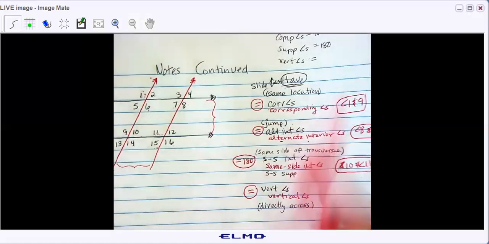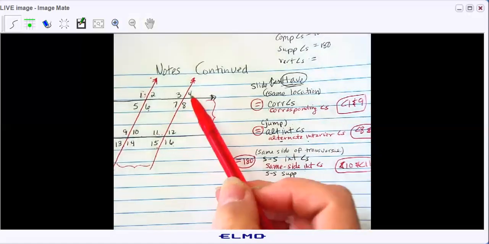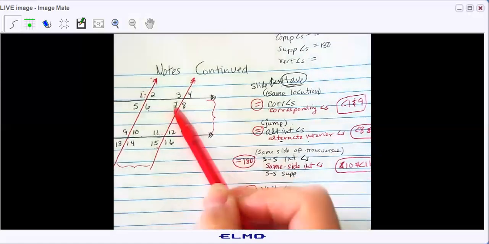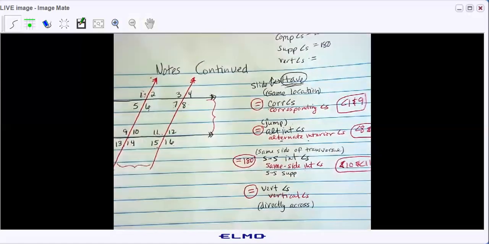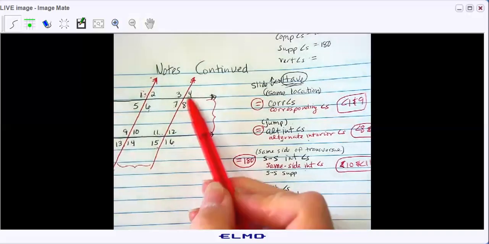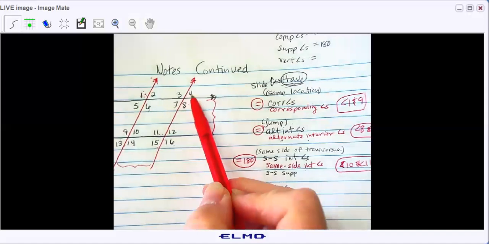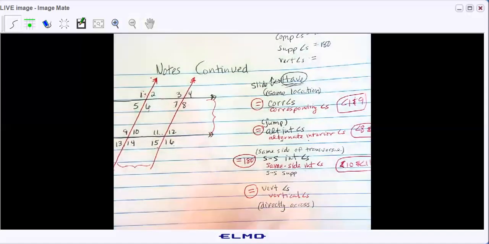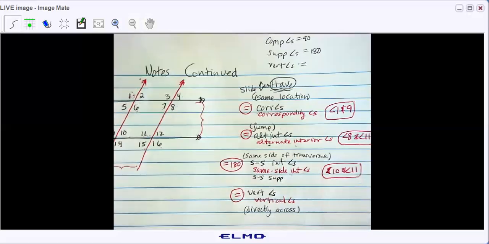Vertical angles, let's look at angle 4. The one directly across from angle 4, would that be angle 7 or angle 8? Well, directly across would be 7. The one next to it would be 8 or 3.